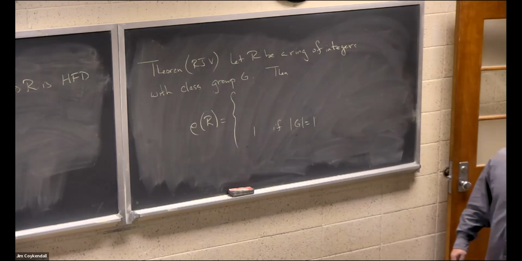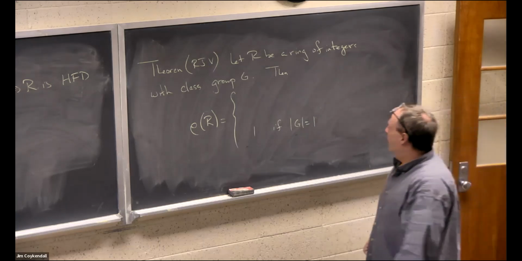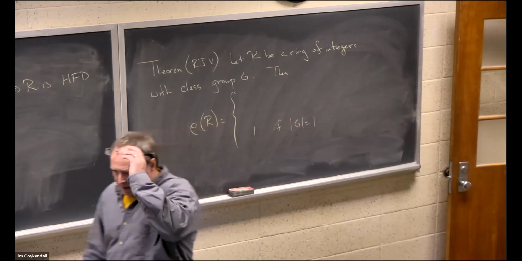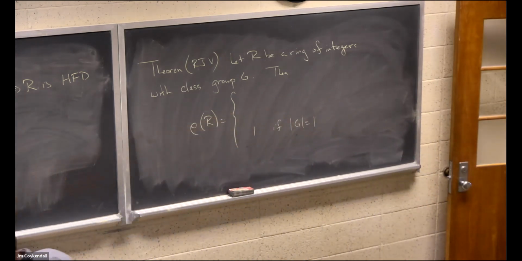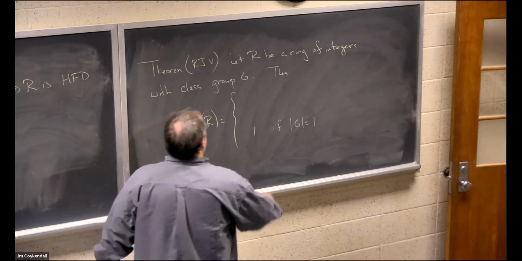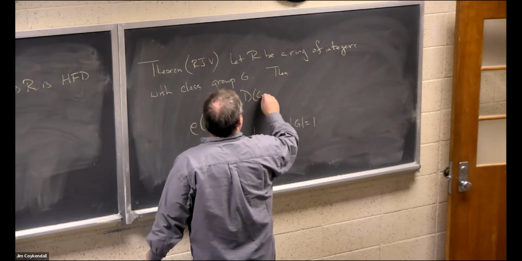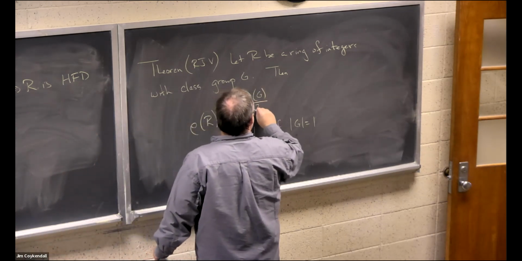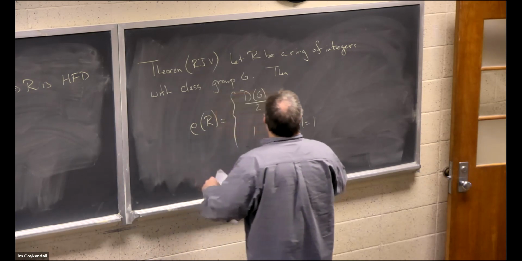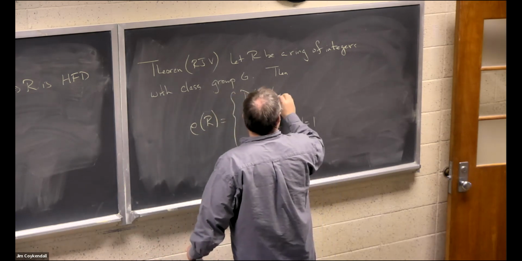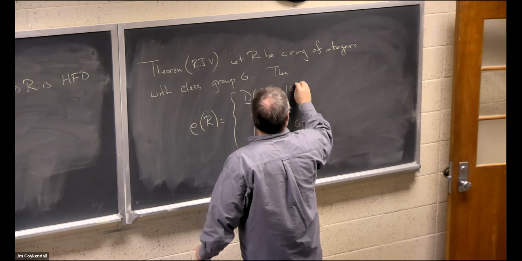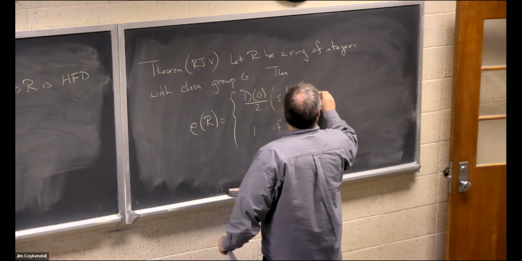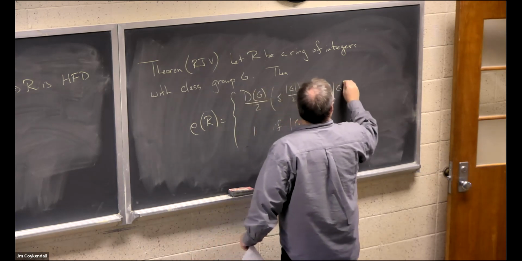It means that it's a UFD, right? And if not, then you get the Davenport constant of the class group divided by 2, which, let me point out, is less than or equal to the order of G over 2, if the order of G is 2.